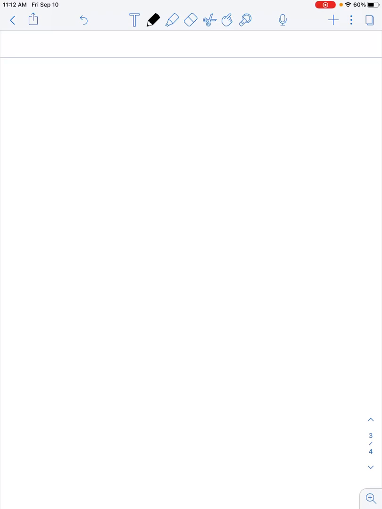Okay, now we're going to look at another example here. All right. Let's take a look at this truth table. Now we have P and we have Q, right?